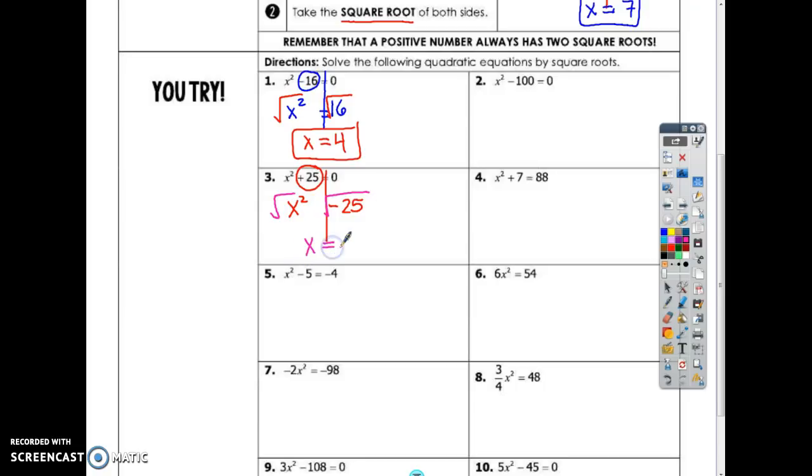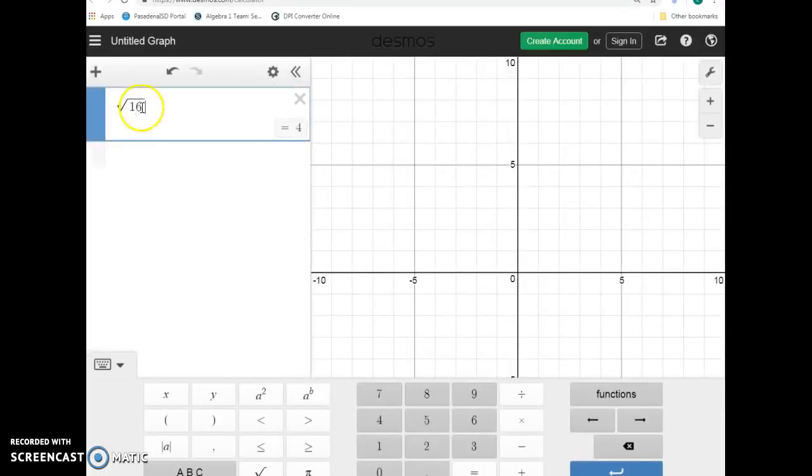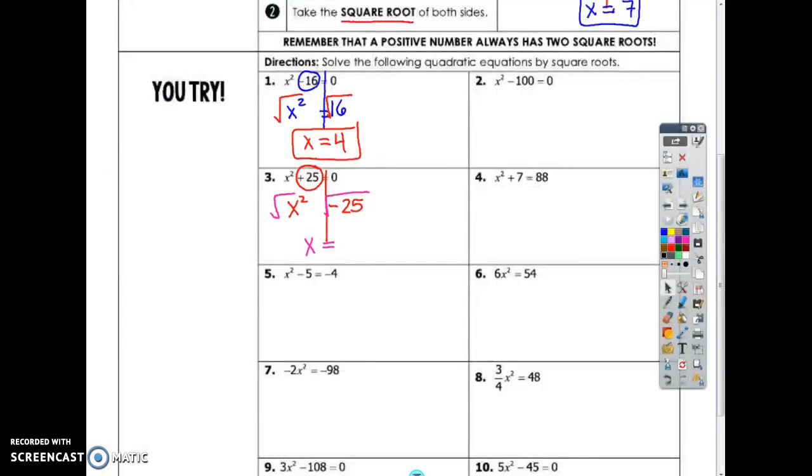X equals square root of negative 25, undefined, indefinido. That means it cannot happen. There is no answer. No hay respuesta, so we're just going to put no answer, no solution.